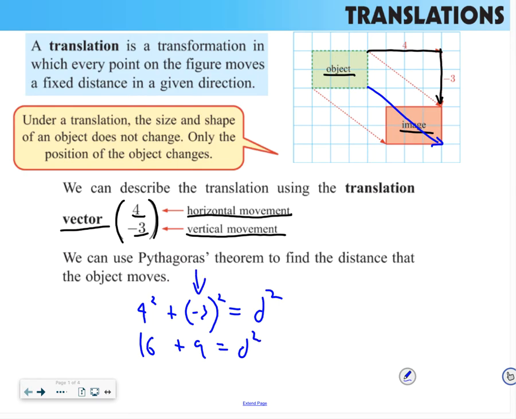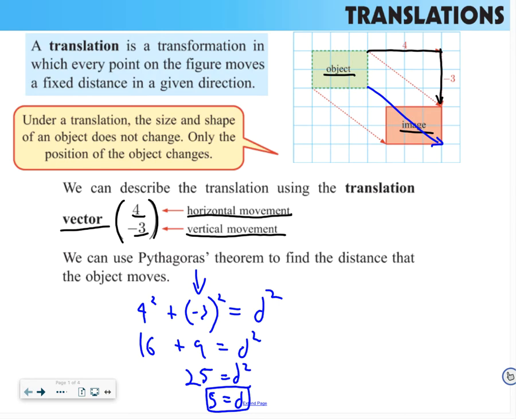Notice every time we square a negative number, we're going to get a positive. So 25 is equal to our distance squared. So we can see, after taking the square root, that this transformation has moved us 5 units in that direction. Okay, so that would be the magnitude. Vectors deal with direction and magnitude. So the magnitude of this vector, the size of it, is our distance of 5 for this example.